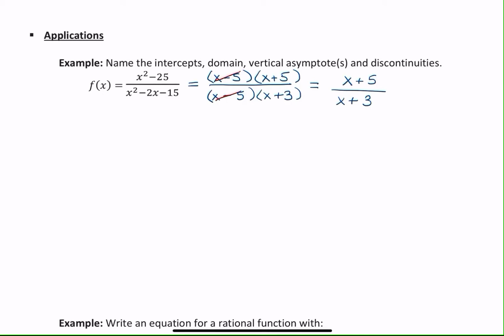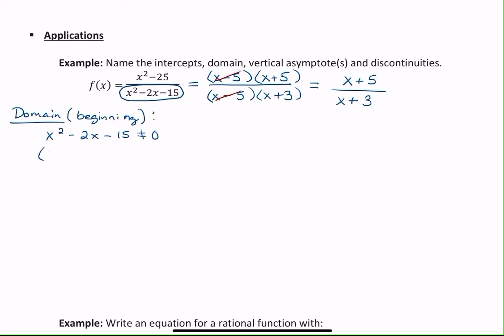I'm actually going to start with domain first, because when you do the domain, you're looking for the problem spots from the beginning function before you've simplified it. So on a rational function, that's going to be when the denominator equals 0. So x squared minus 2x minus 15 cannot equal 0.